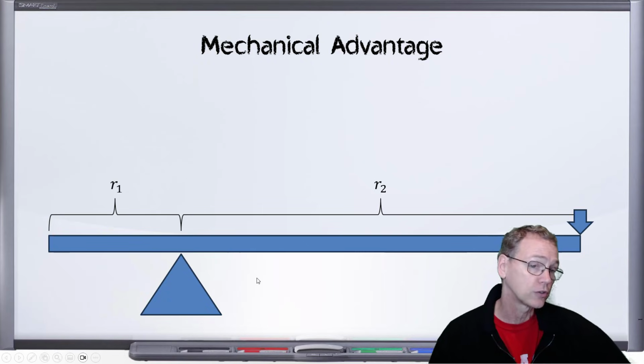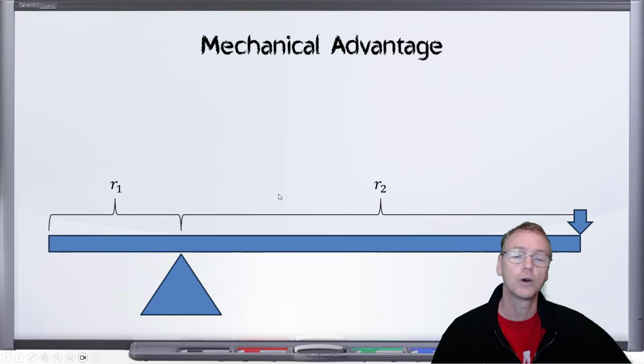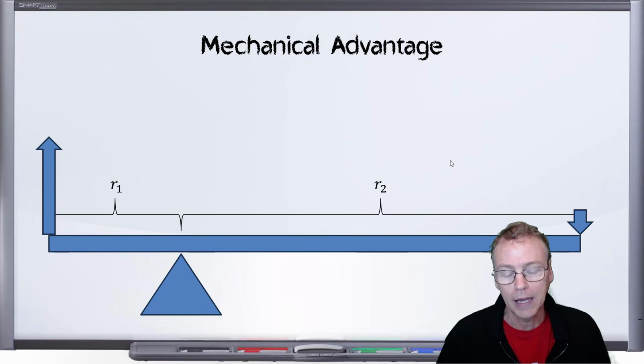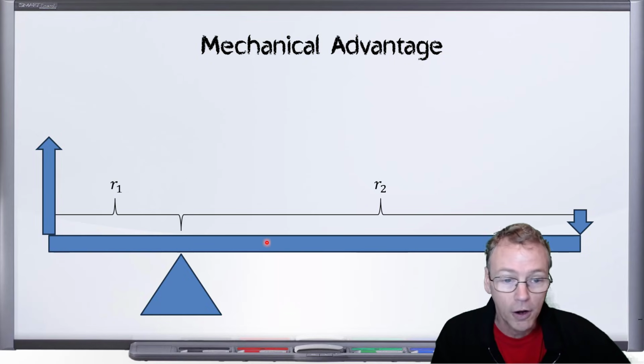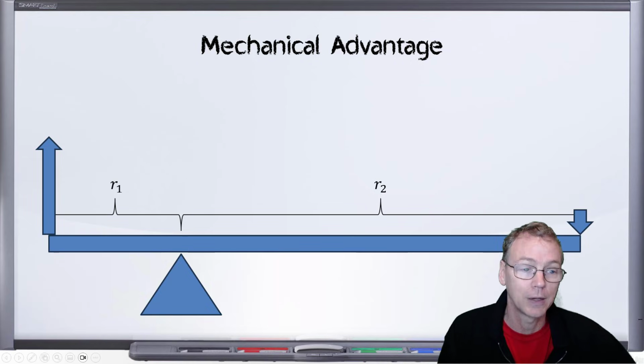We'll apply a force to one end of the beam, and the force will cause this end to come down, rotating around this point, which will cause this end to go up. And the mechanical advantage we get is that if these arm lengths are different, we'll get a different amount of force than we put in.